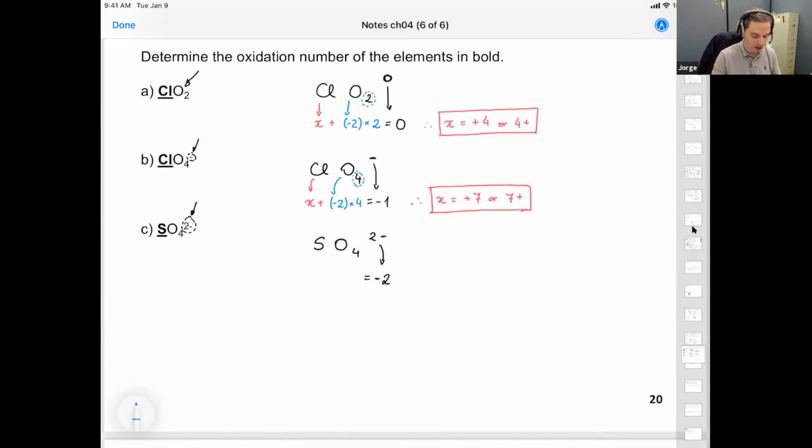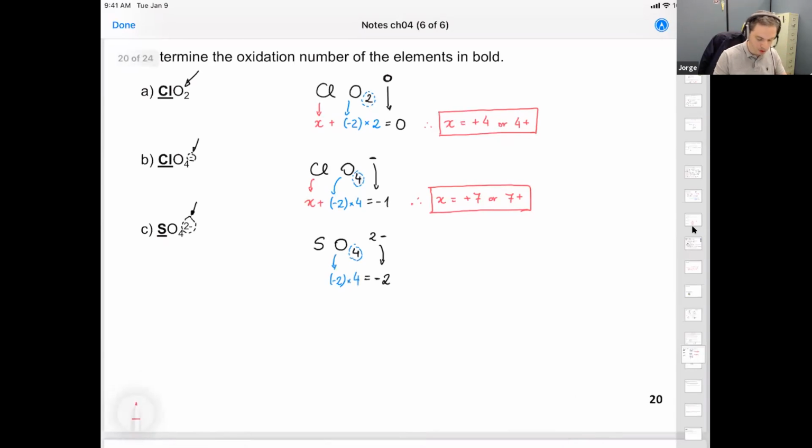And then again, we basically do the same thing that we did before. The oxidation number of oxygen is usually -2. We need to multiply the oxidation number by the number of atoms of the element in the structure. In this case, we have 4, times 4.